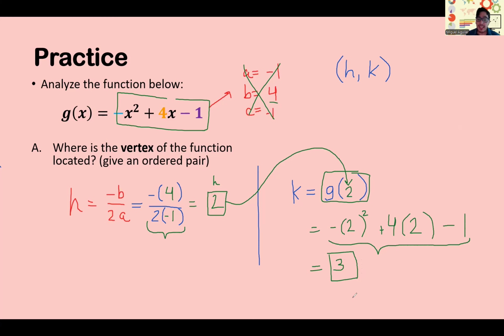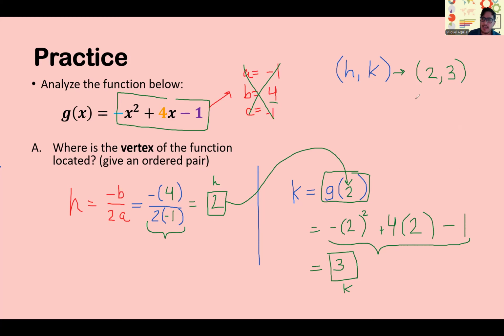So don't overcomplicate it. Maybe this version of finding the vertex is a little bit more complicated than when we have a vertex form equation, but we were looking for H. We use that to find K. And now that we have both of them, we can say our vertex is just 2 comma 3. Are you guys okay with that? Yes.